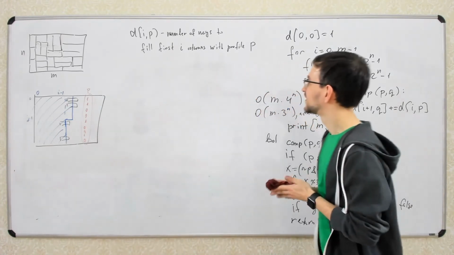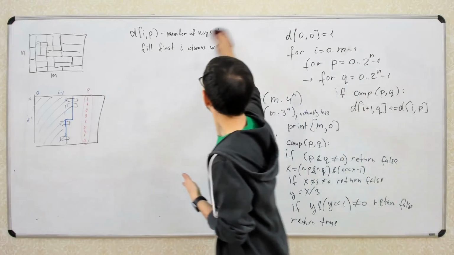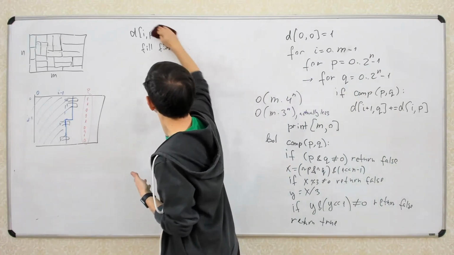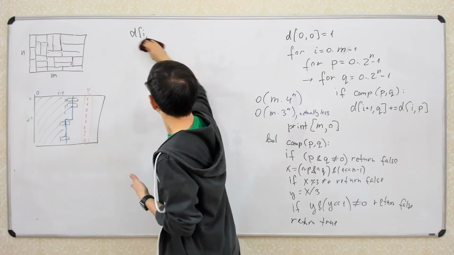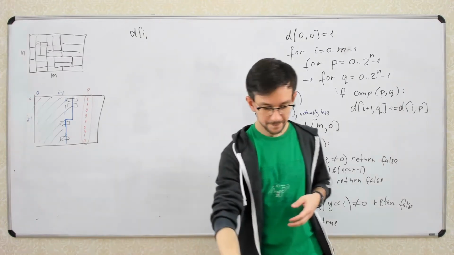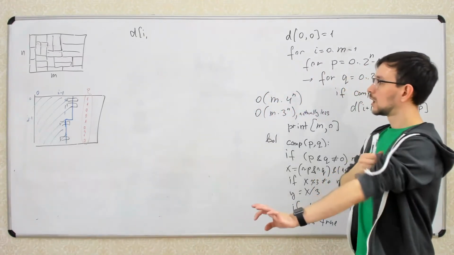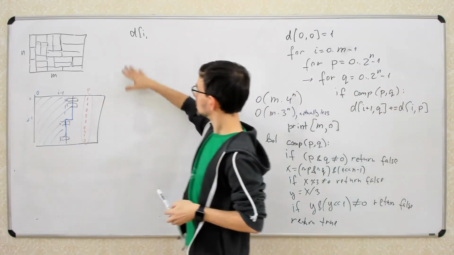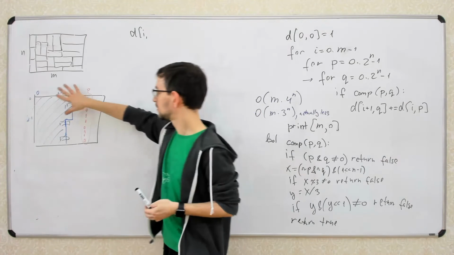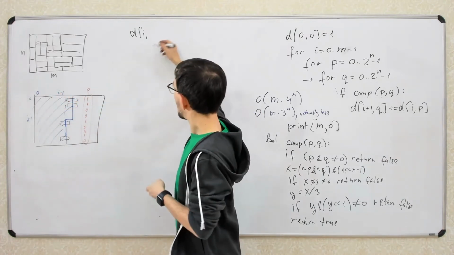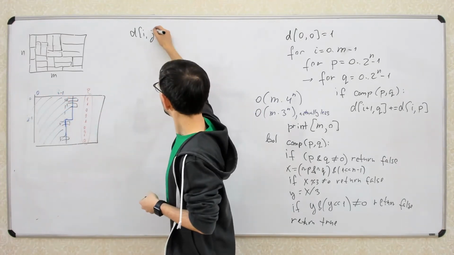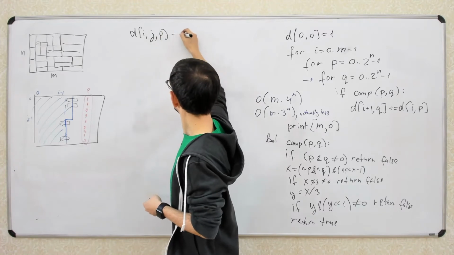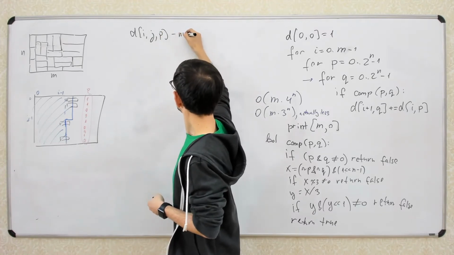So the current state is: we filled I columns here and j squares here and have profile P.